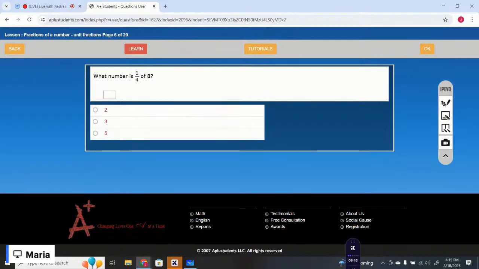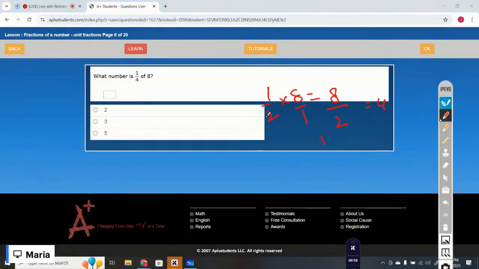What number is 1/4 of 8? One-fourth of 8. 8 times 1 is 8 and 4 times 1 is 4.